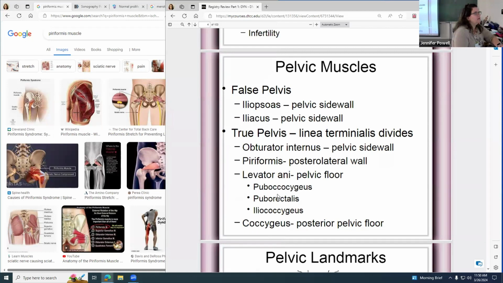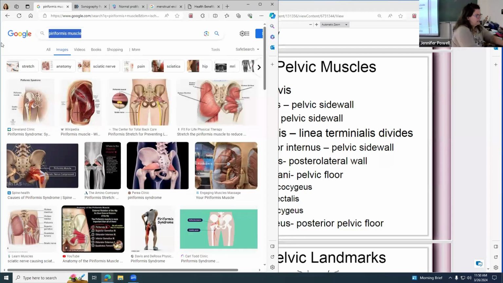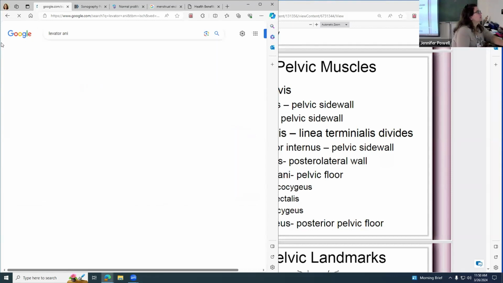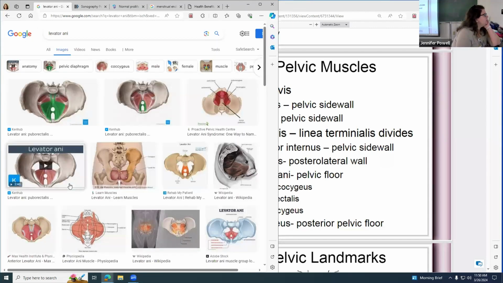Levator ani has three muscles that make that group up: pubococcygeal, puborectalis, and iliococcygeus. And they are this muscle group that makes up such like a sling to hold your bowels and your organs in.